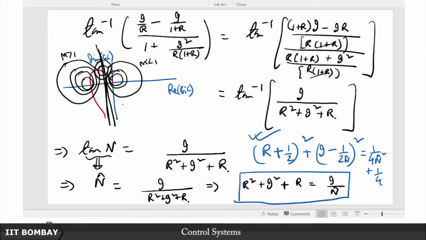Once you have drawn these m circles and n circles, then at any given frequency you look at the intersection of the Nyquist plot with the m circle and n circle. The closed loop frequency response at that particular frequency omega is given by whichever m circle the Nyquist plot intersects, which is the closed loop magnitude, and whichever n circle it intersects at that value of omega, which is the closed loop phase of the system.